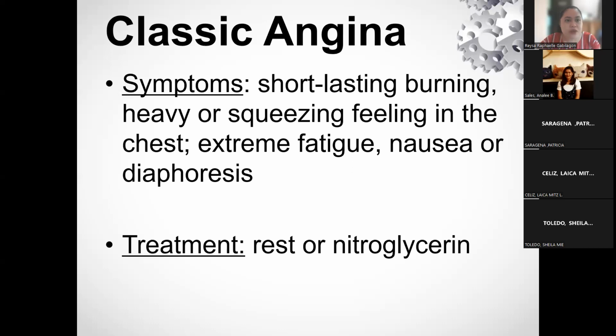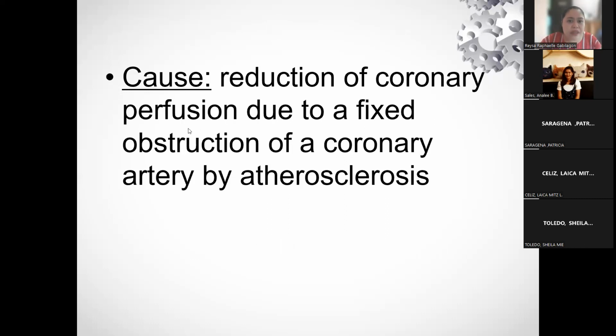Or if the patient wants to have medication, we may use our nitroglycerine. So remember class, our nitrates are considered vasodilators. They are direct vasodilators. So one example of our nitrates is the nitroglycerine. So what is the cause of this classic, typical, or effort-induced angina?